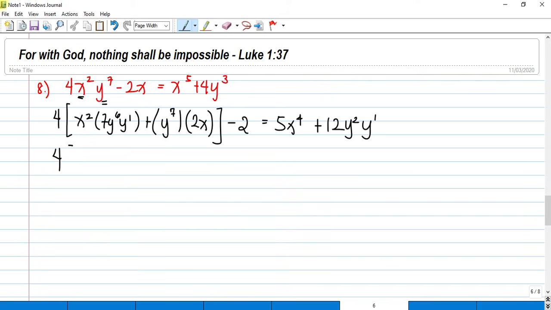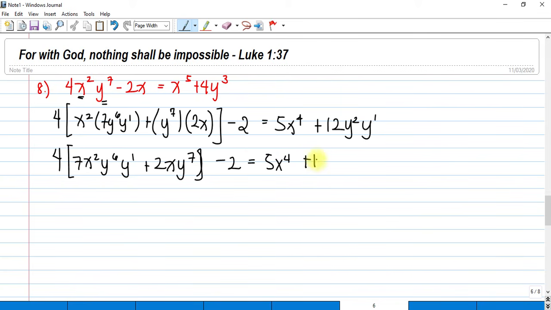So we simply simplify them. We have 7x squared y raised to 6 y prime plus 2x y raised to 7 minus 2 is equal to 5x raised to 4 plus 12y squared y prime.